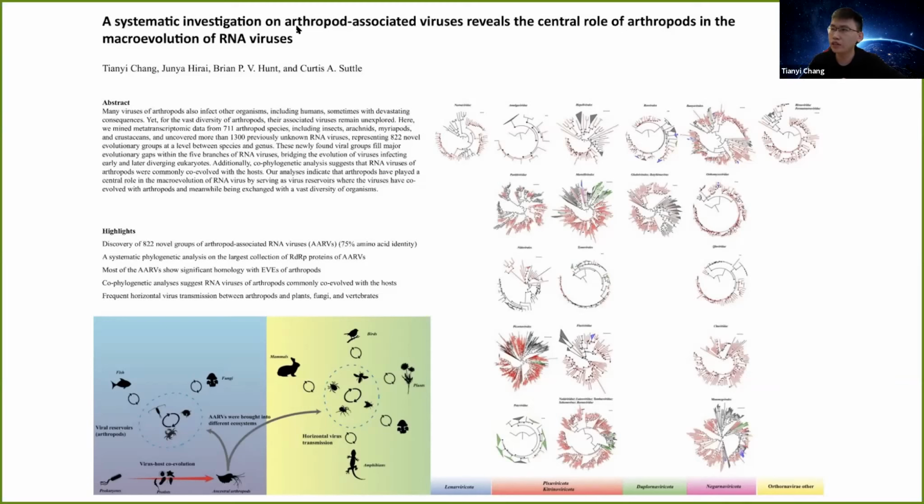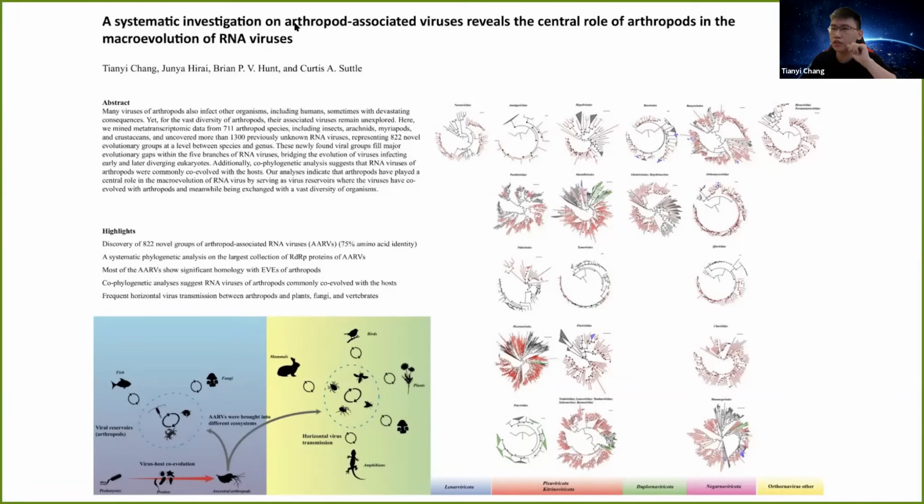They fill major evolutionary gaps in all the major RNA virus groups and across the 5 major branches. We also found that most of these viruses share significant sequence homology with endogenous viral elements of arthropods. That means these viruses probably infect arthropods, and also implies a deep evolutionary relationship between the arthropods and the major RNA virus groups.